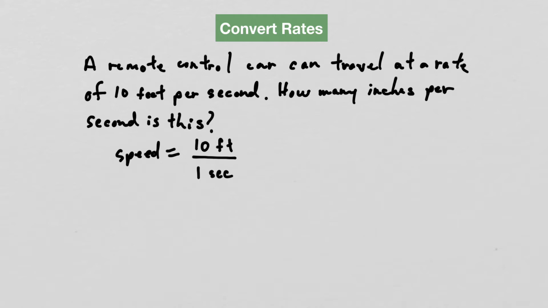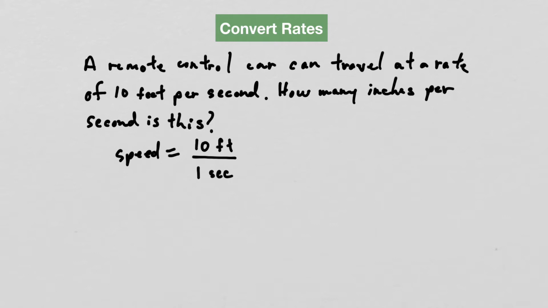So we need to somehow convert the 10 feet in the numerator to some number expressed in inches per second. So we're okay with the denominator. It's the numerator that has to change. So how do we do this? This is where knowing how many inches there are in a foot makes a big difference.